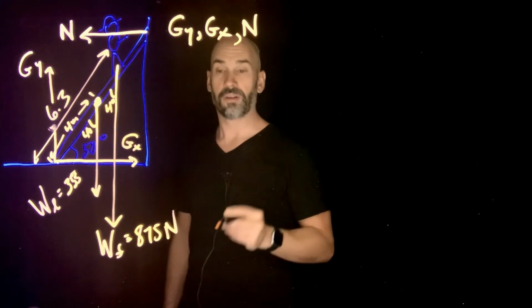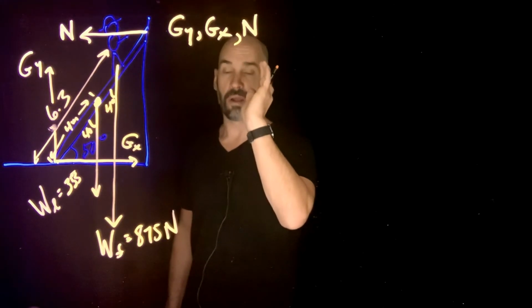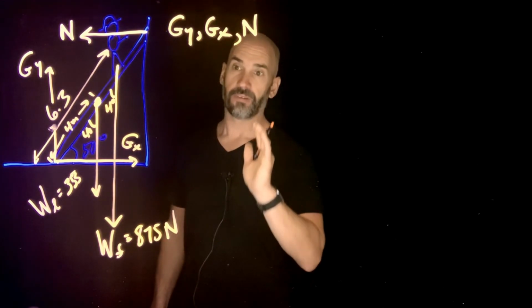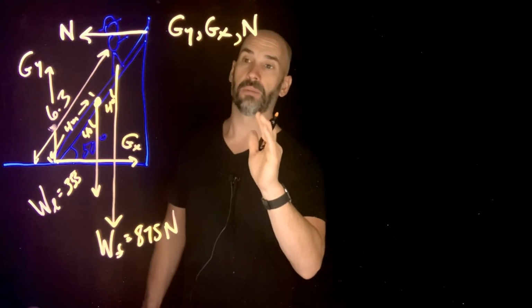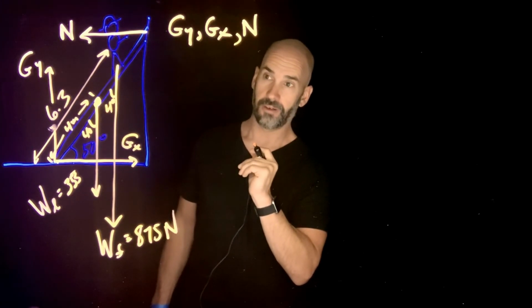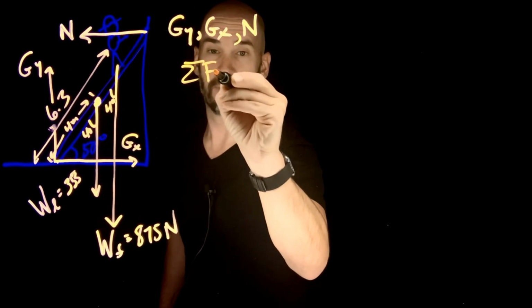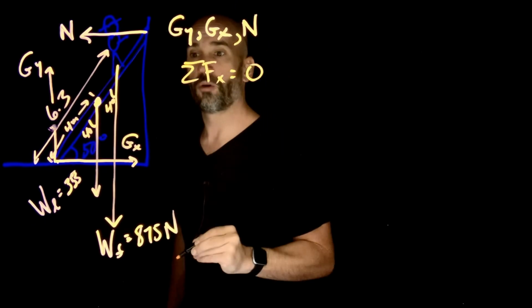Well, we do exactly what we did before, but now when we write our equations for the conditions of static equilibrium, we need to make sure that we have the sum of forces in X, because that exists this time. So the sum of forces in X must equal 0. But what are the forces in X?